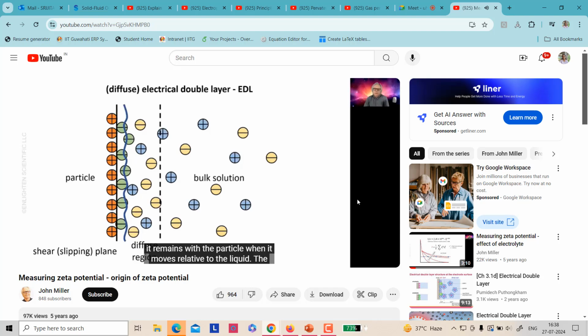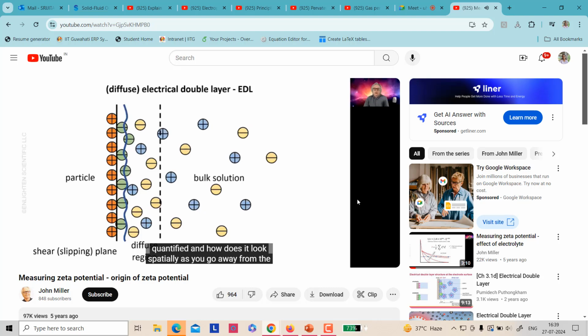The transition point between bound and free liquid is called the shear or slipping plane. But what does this say about the magnitude of the electrostatic repulsion between particles? If we have two such particles approaching, we know intuitively that there will be electrostatic repulsion. But how is that quantified?